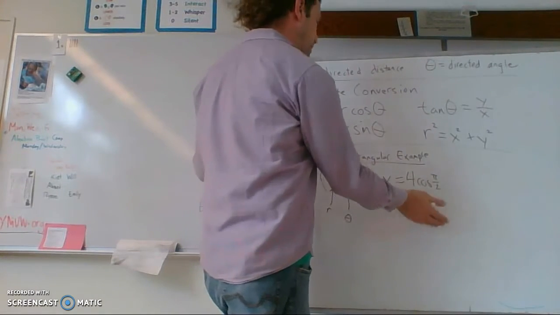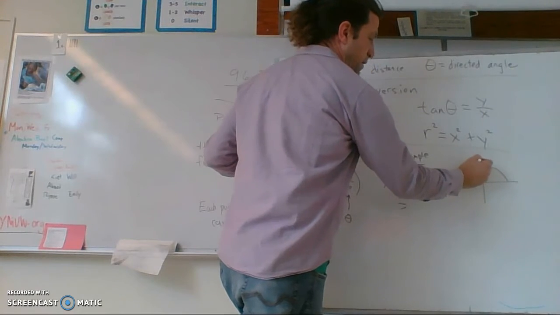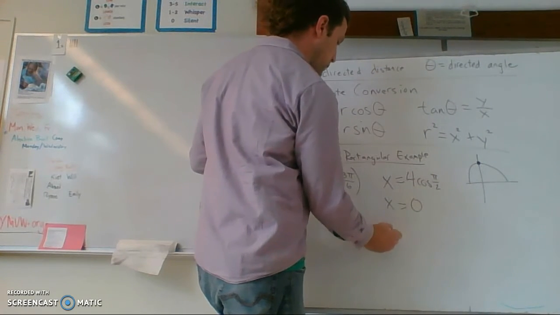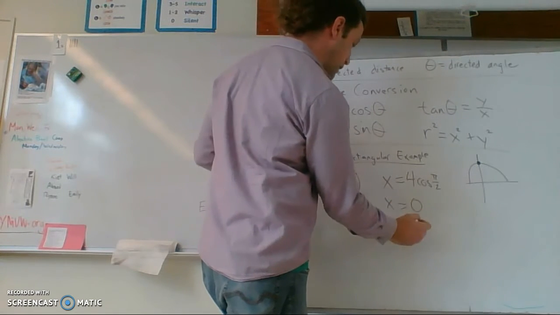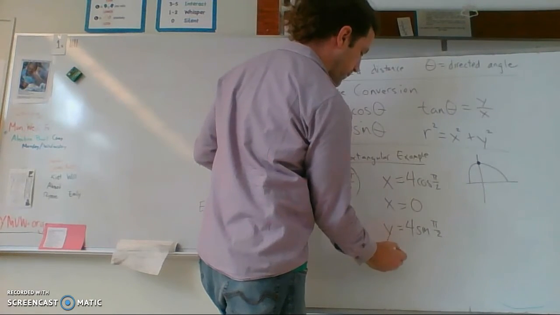And anyway, pi over 2 in the unit circle, that's right here. And the cosine right there is 0, so x equals 0. Y equals 4, that's r, times sine theta, sine pi over 2. So y actually equals 4.